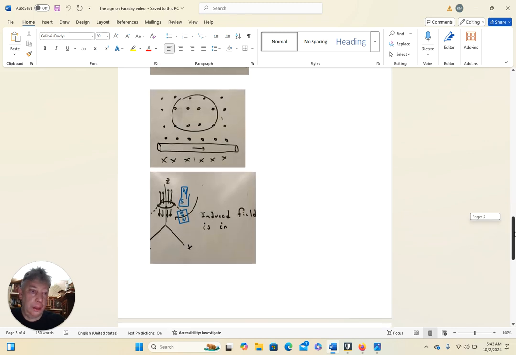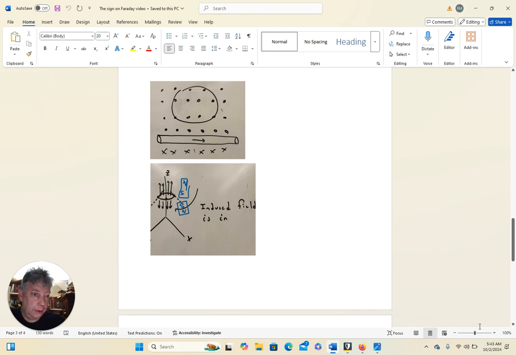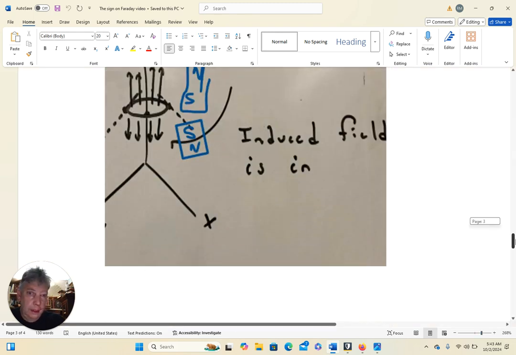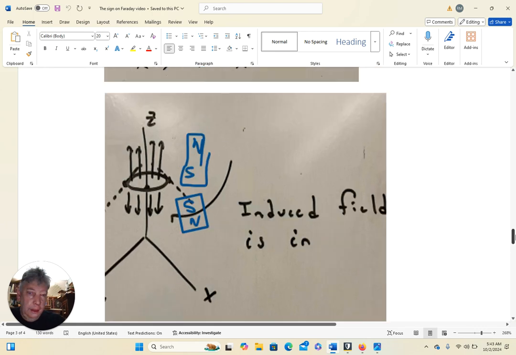If we take a look right here, I'm going to just enlarge that a little bit. Sorry about that. And you can kind of see here that the induced field is going to oppose that change.